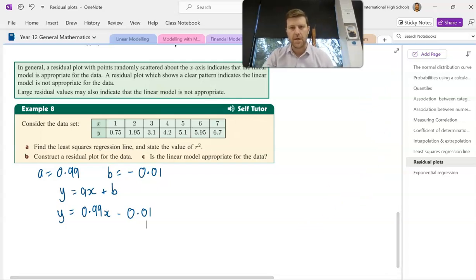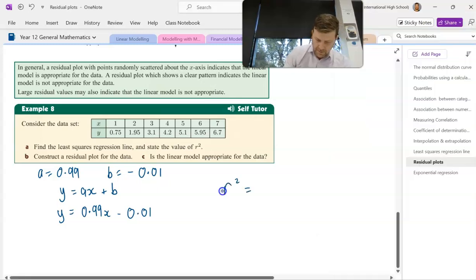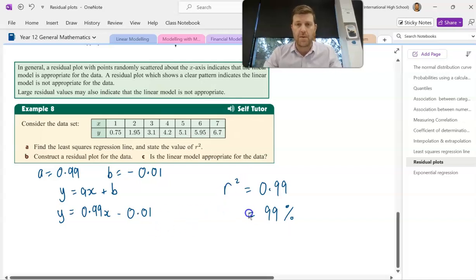Now that all looks fine. If I head in as well, I can see that the value of R squared is 0.99 and R is 0.99 as well. So the value of R squared is 0.99, which is 99%, which you would think is a perfect example of a strong linear positive correlation between the x and the y variables here.